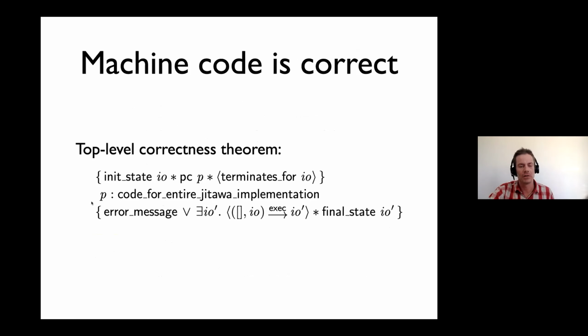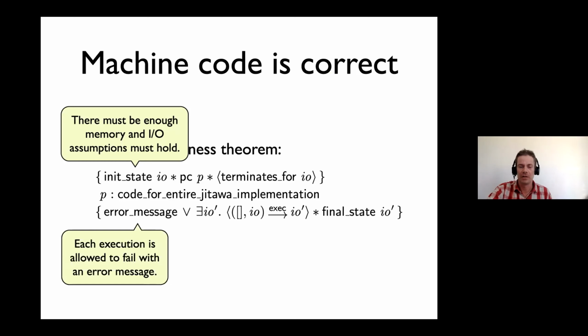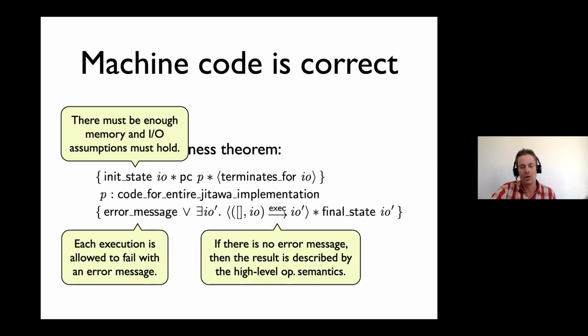So this is the kind of theorem we get out. This is about the Lisp implementation. If we start with enough memory and I/O, and the program counter points at the code that we verified, then execution will either end in an error message like "I ran out of memory", or it will execute an operational semantics for the source language, the Lisp language, correctly, and produce a final state according to its semantics.